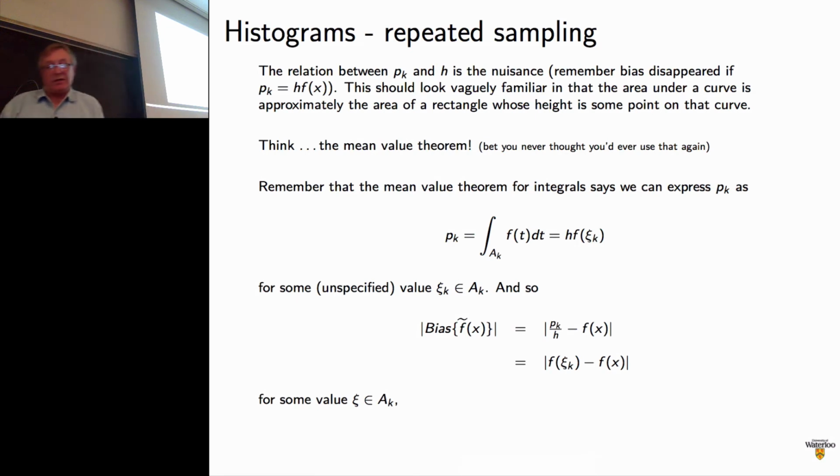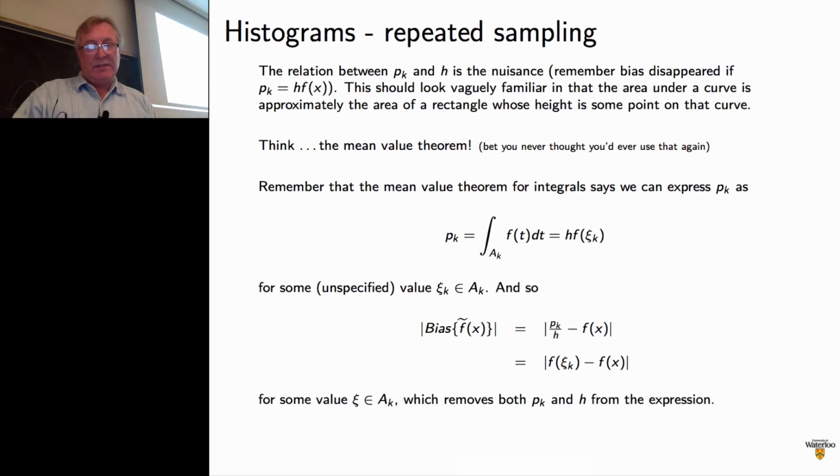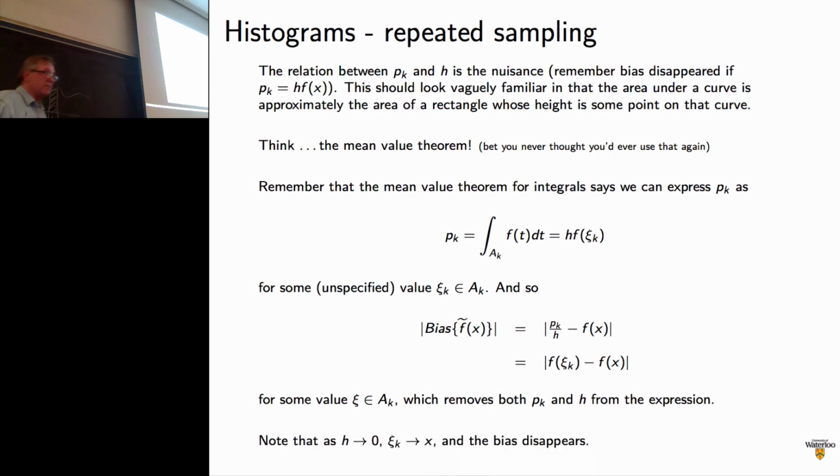So that means if we look at the bias, it's pk over h minus f of x. That means the bias is really this f of psi k, whatever that is, minus f of x. And that has the virtue of at least not having an h in it anymore. Right? So that bias we can see is equal to, well, remember it's pk in both, but you can see that that bias disappears as that h gets smaller and smaller and smaller because that psi k, the interval is getting smaller.